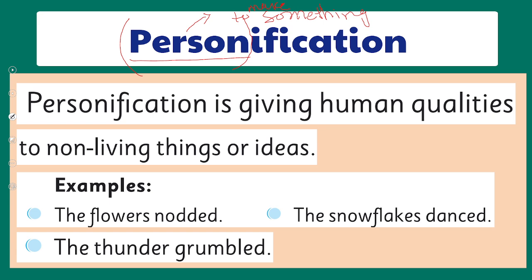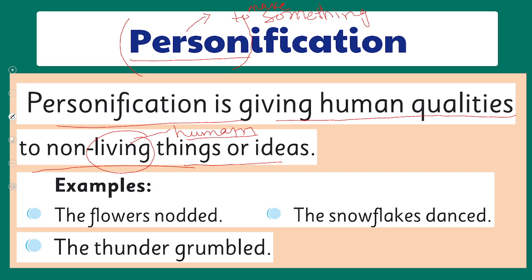In this figure of speech we associate human attributes with a thing which is not human or not a person. So personification is giving human qualities to non-human things. There is a mistake in the book, which we will correct in the next edition. So giving human qualities to non-human things or ideas is a figure of speech called personification.